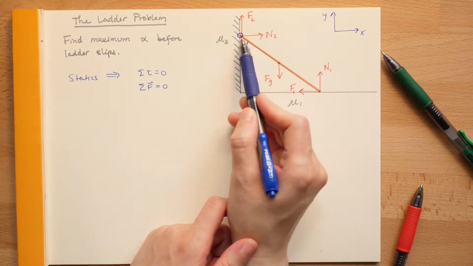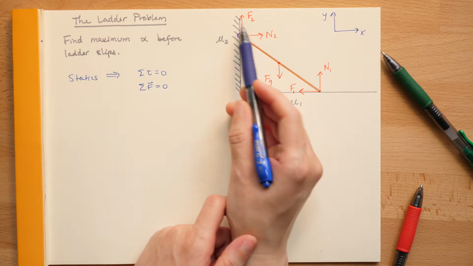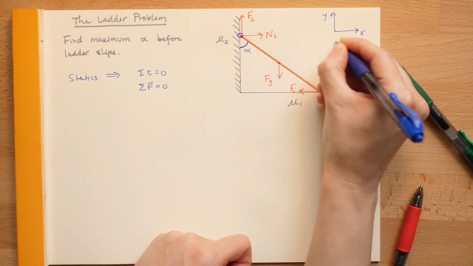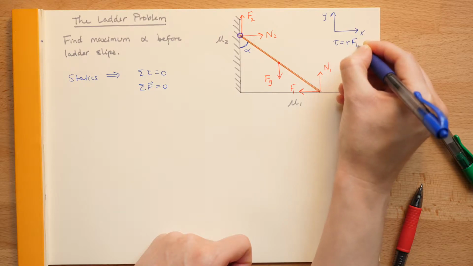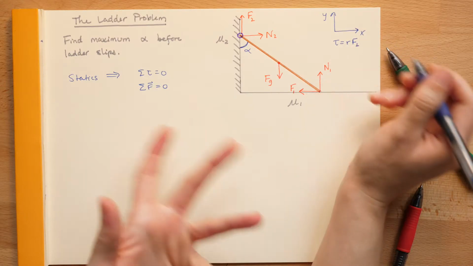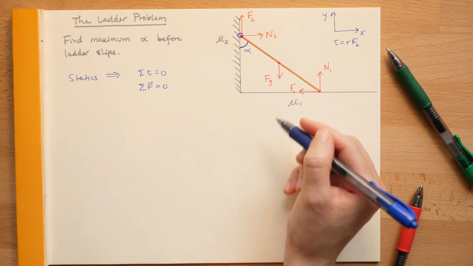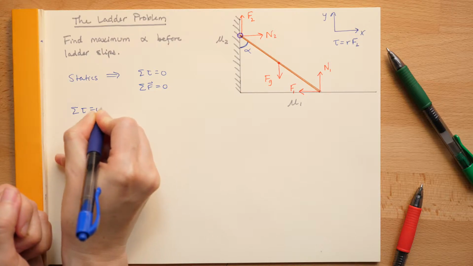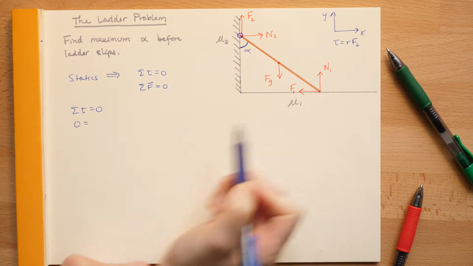The torque will be 0 because they're at the pivot point, so the R associated with both those forces is 0. Remember that the definition for torque is R times F perpendicular, or R F sine theta, or however you want to remember it. So now we just need to add the torque from these three forces.